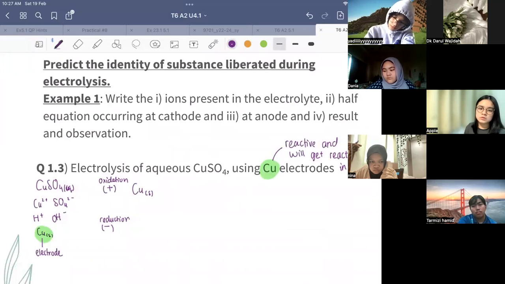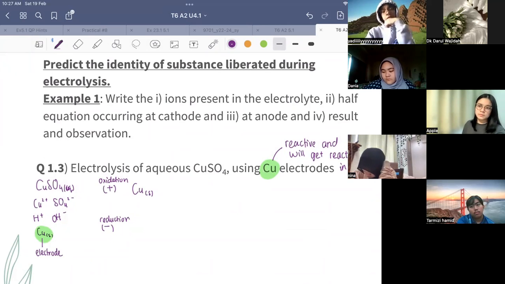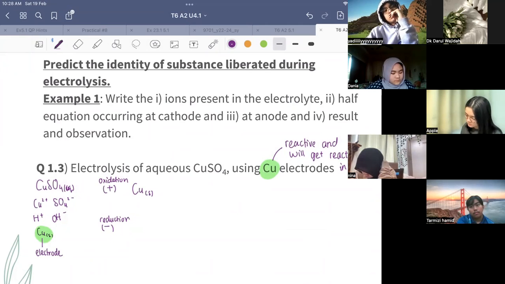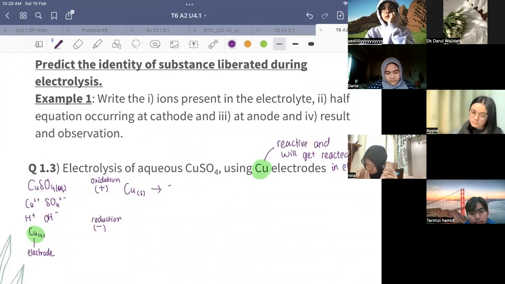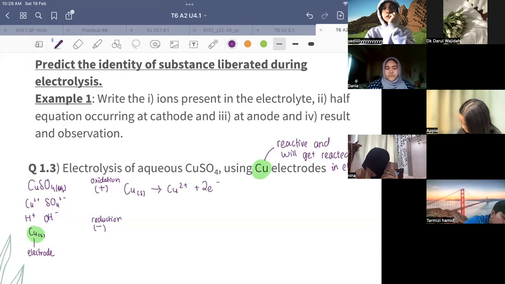If we are using an electrode that is reactive, it gets involved and it somehow interferes with our selectivity. So copper will be oxidized into Cu2+ plus 2 electrons, and our copper ion is aqueous.